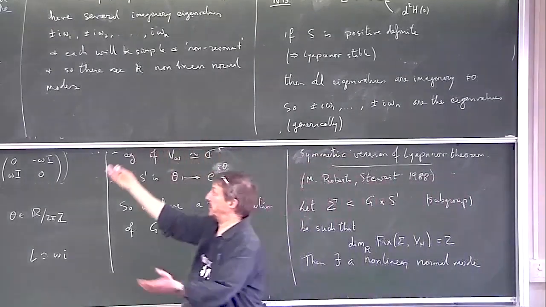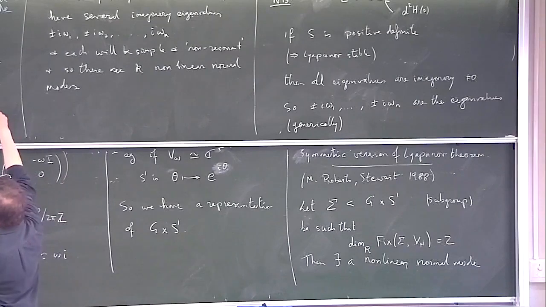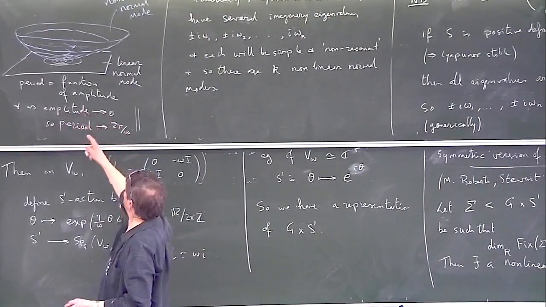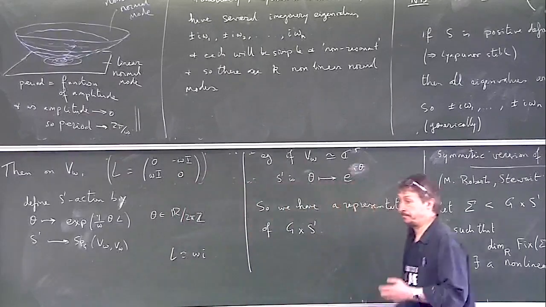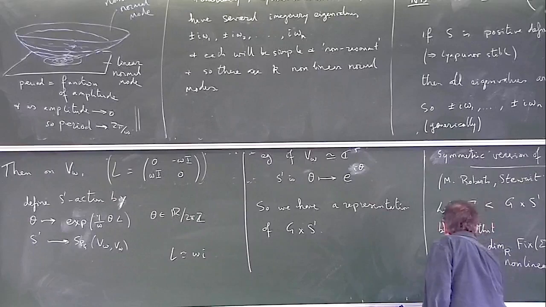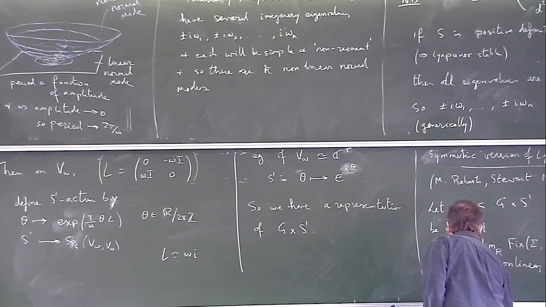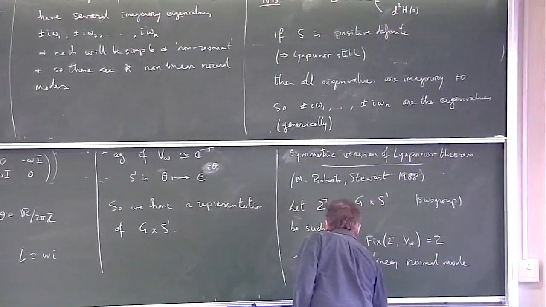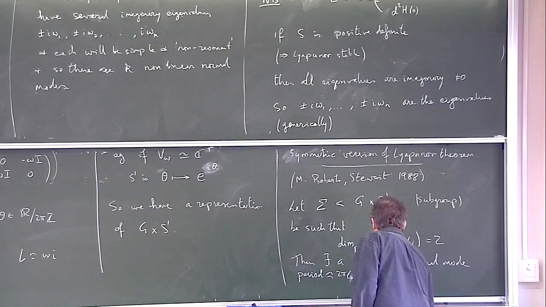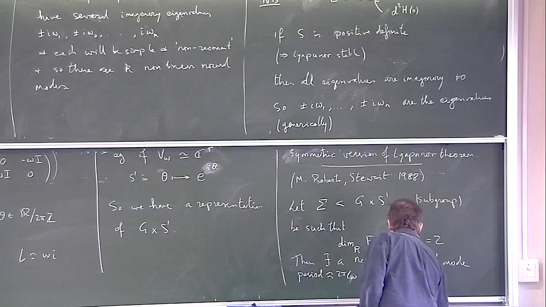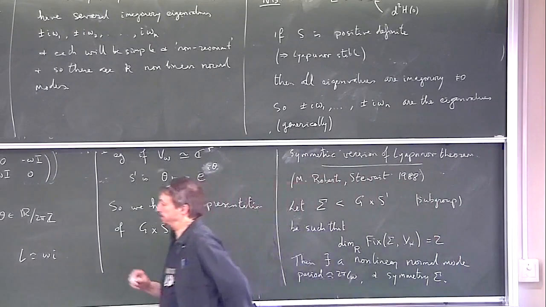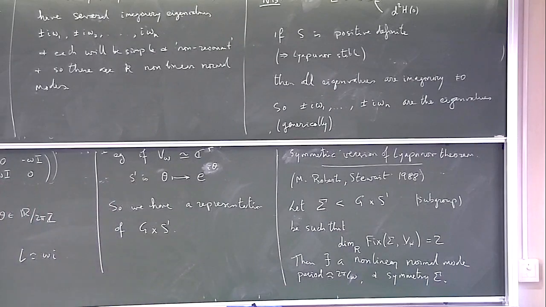A smooth surface populated by periodic orbits with period close to 2 pi over omega. All right? And symmetry sigma.